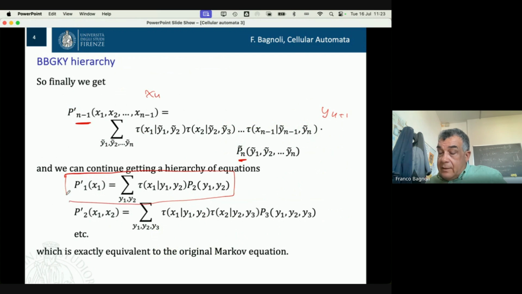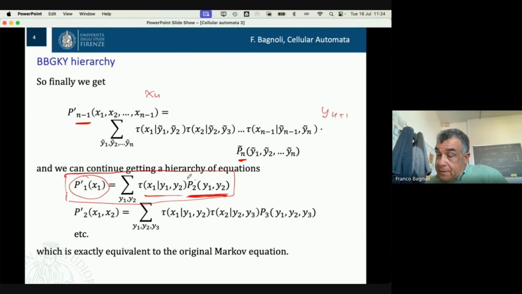So exactly, without an approximation, I can say that the probability of observing just a single site depends on the combined probability of observing two sites. This is in equilibrium, so I can drop the time index, times clearly the transition probability.